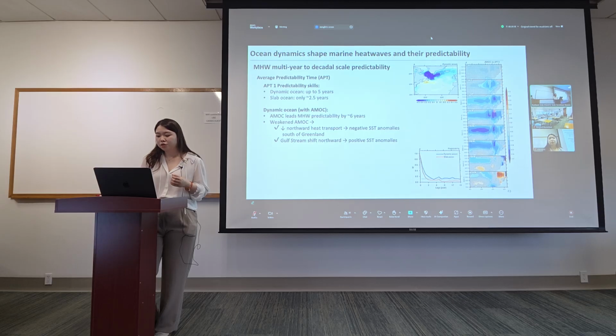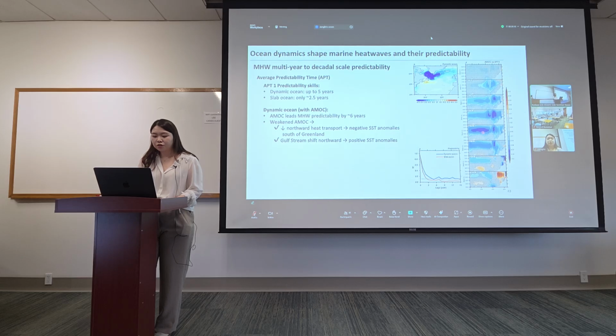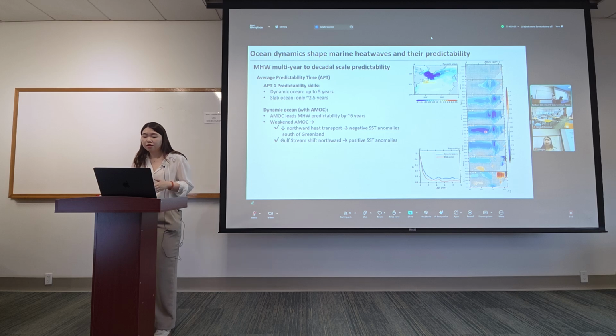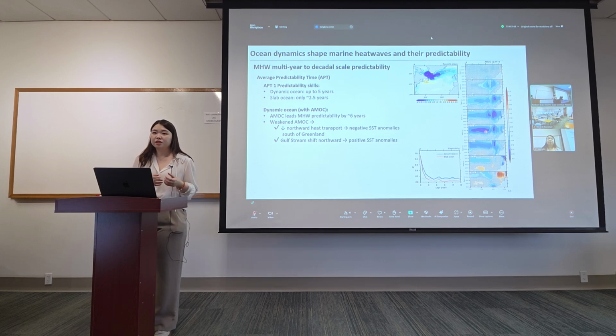Our result shows that the AMOC stream function has a significant negative correlation with the APT1 index when the AMOC leads by 6 years. In other words, it takes roughly 6 years for a weakened AMOC to leave its imprint on the North Atlantic SSTs.